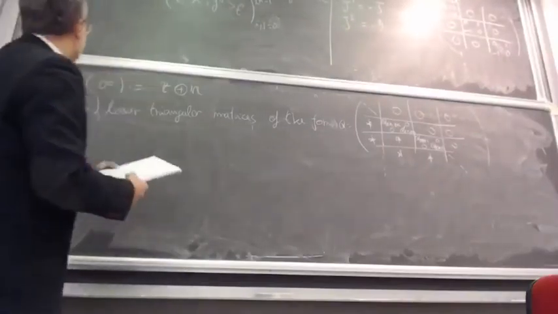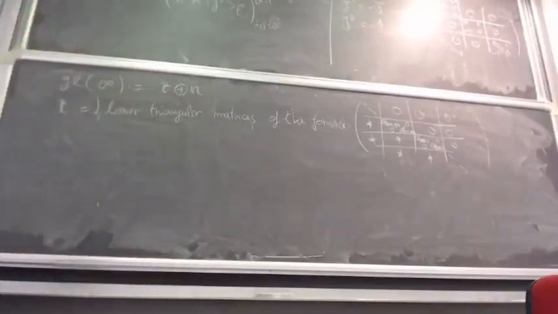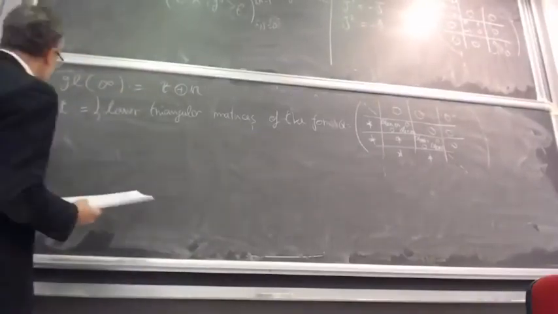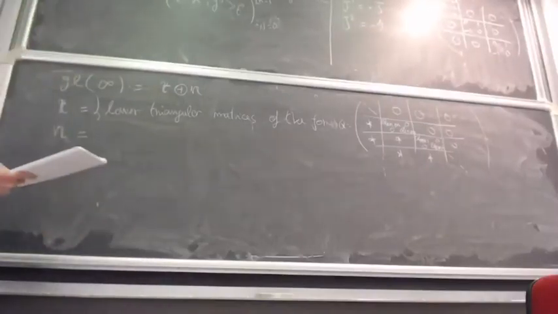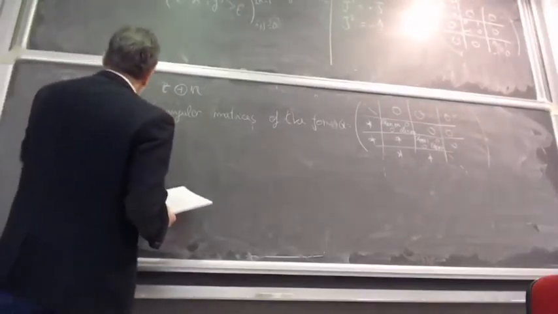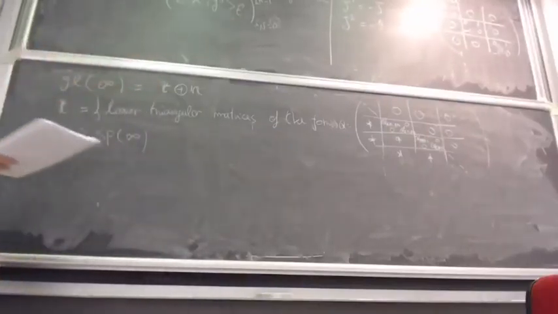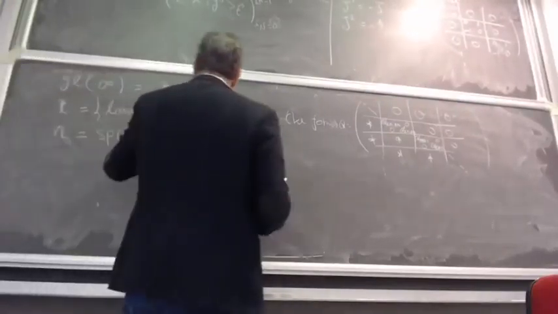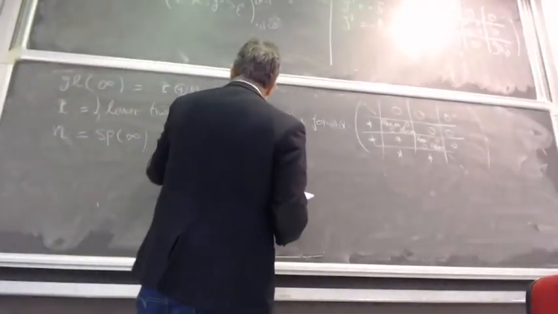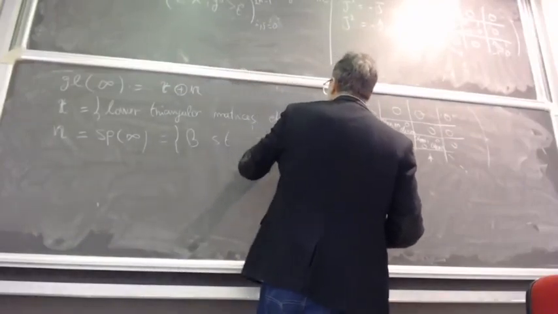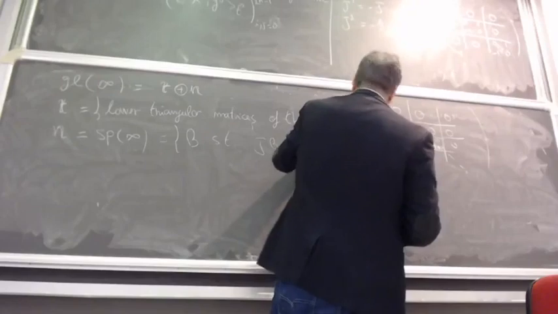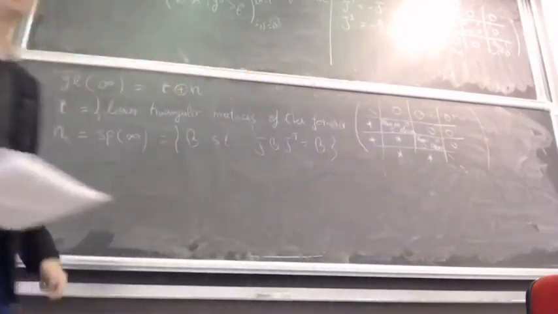These are still semi-infinite. And then the component N is given by the symplectic matrices, the matrices B such that J B transpose is equal to B.